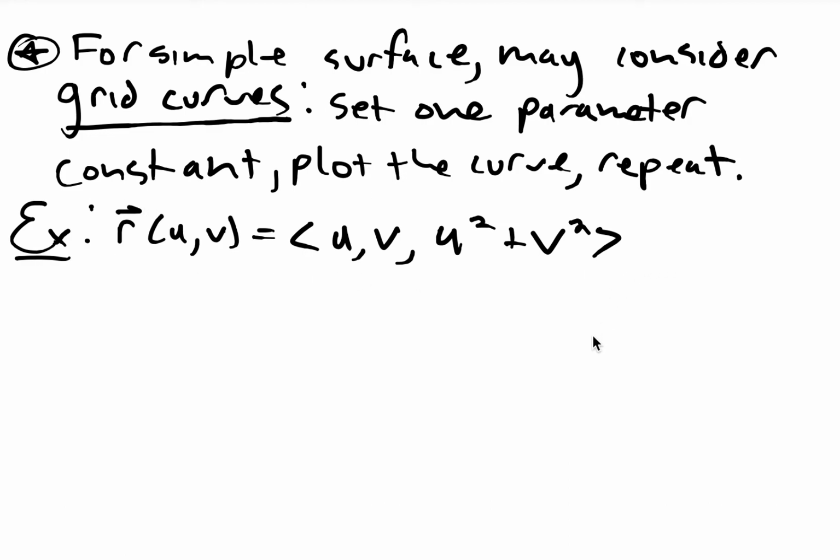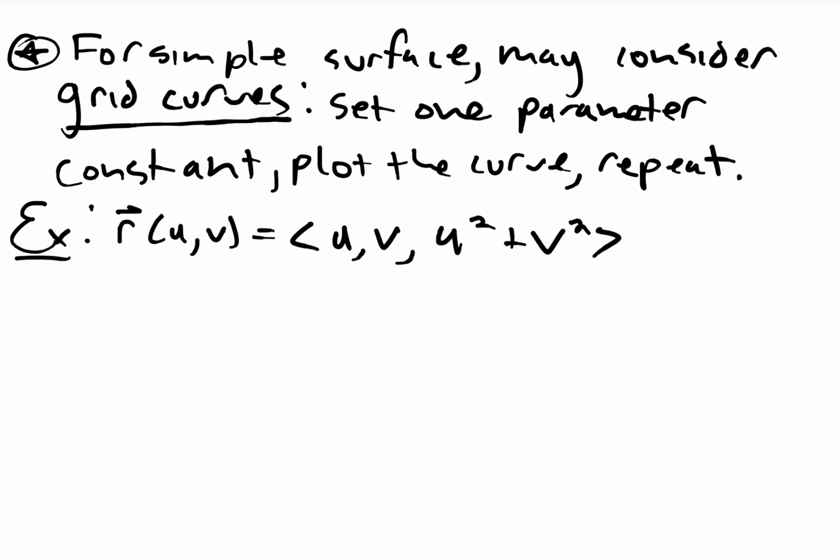We've seen that if you have r of t, just the one variable t, that thing looks like a curve when you graph it. So the idea is this. If you pick one of the variables, set it equal to a constant, draw the curve, try a different constant, draw that curve, try a different constant, draw that curve, you're getting a bunch of grid lines that'll tell you what the shape of your surface is, right?